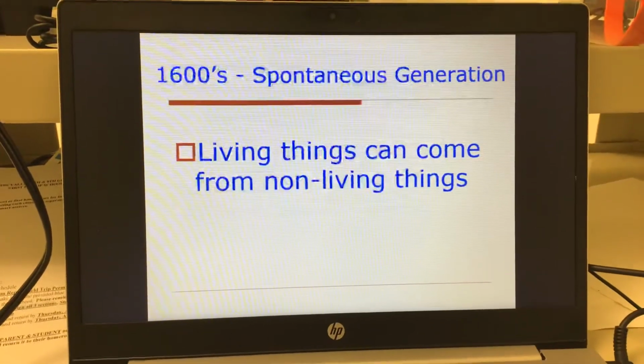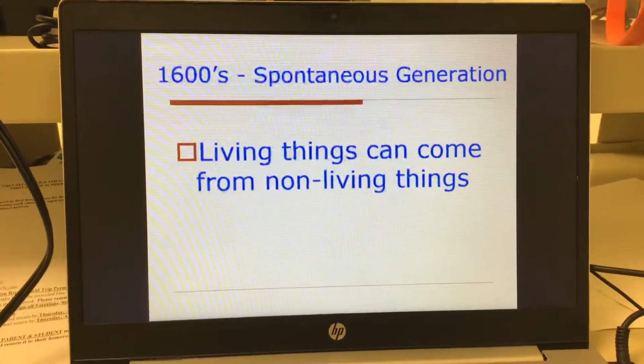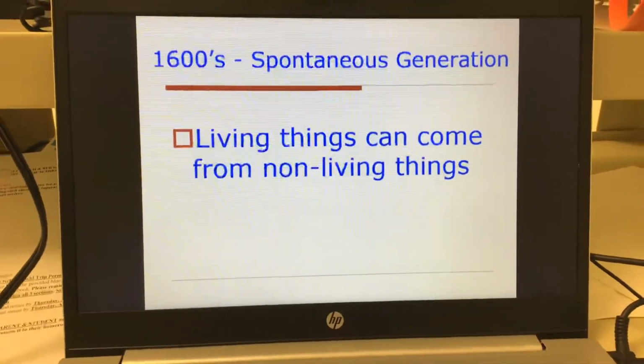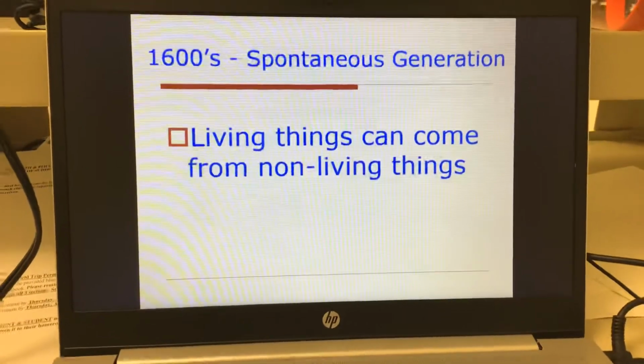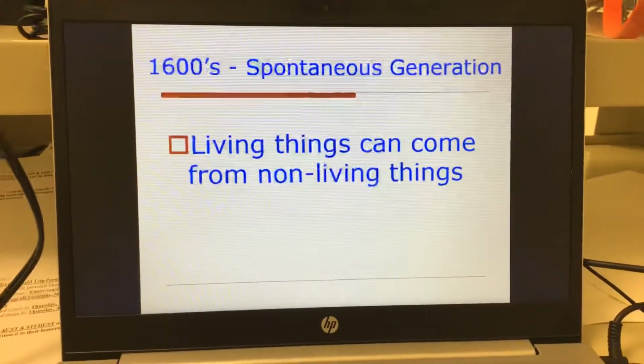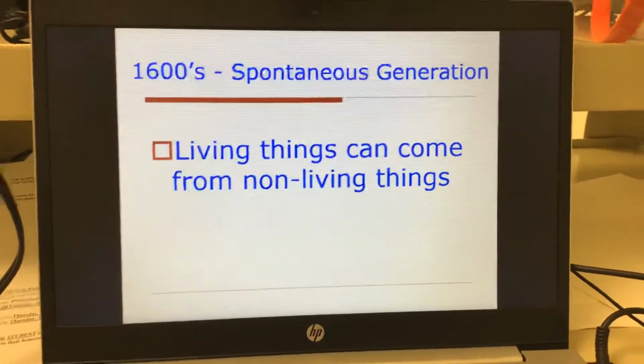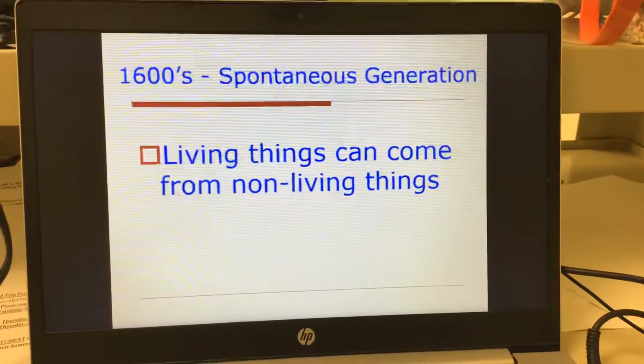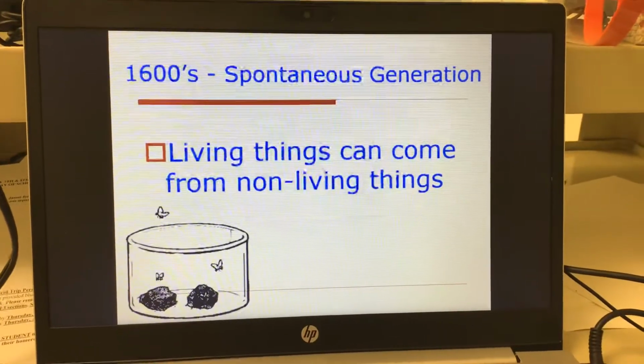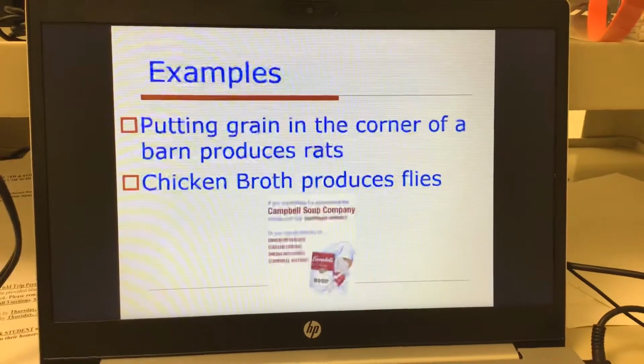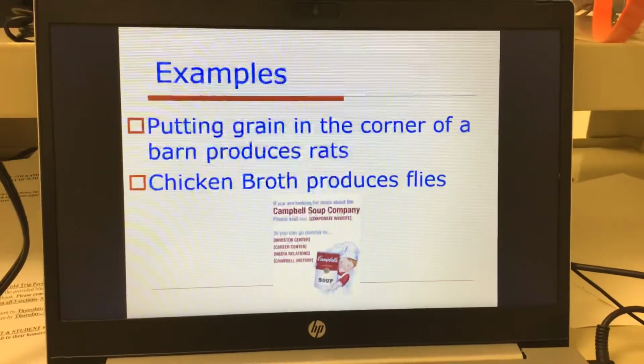So it's not that the old hamburger gave birth to it, but it attracted it. But people back then thought that was actually happening, spontaneous generation. Just poof, there's a living thing.